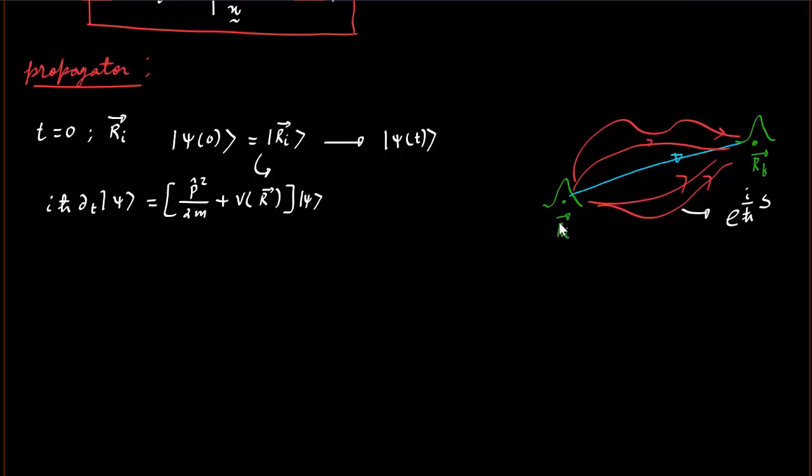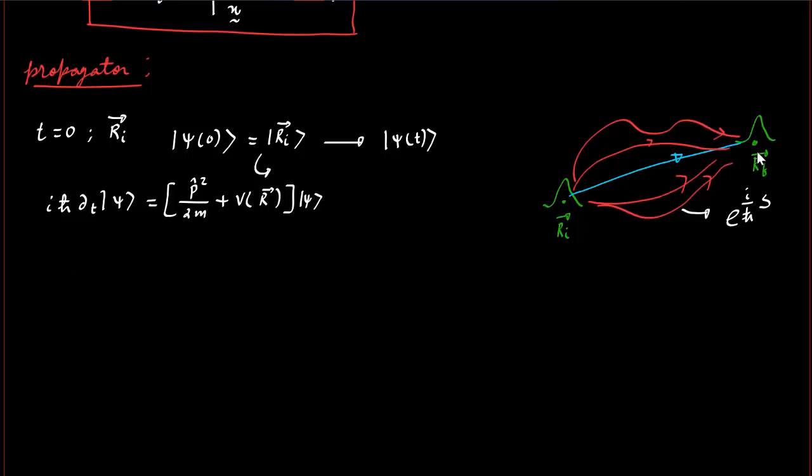Now what we want to calculate is what part of this particle will propagate to a certain final region, or we can also say what part of the spread wave packet will be located at this final point, this final region.